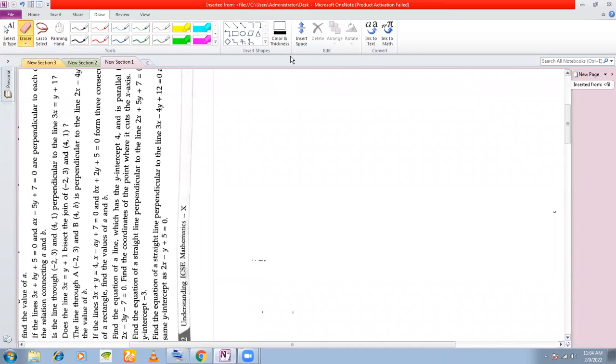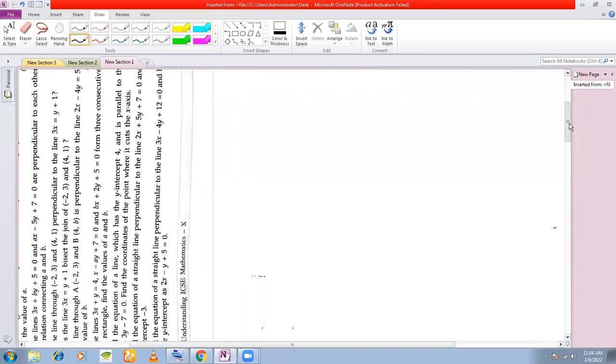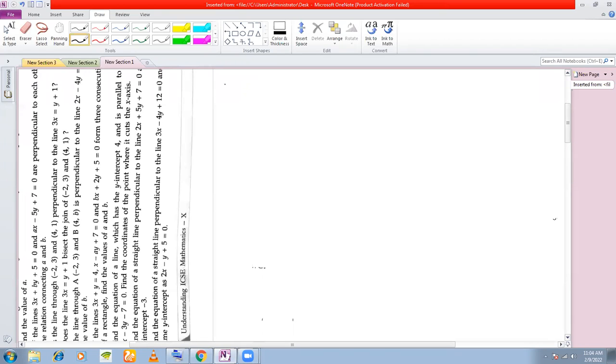The next question is number 13. Okay. Question is, find the equation of a straight line perpendicular to the line 3x minus 4y plus 12 is equal to 0 and having the same y-intercept as the other line. Okay. So number 13. Let's write both the equations first.